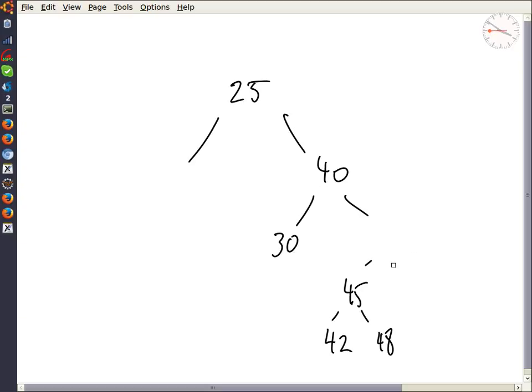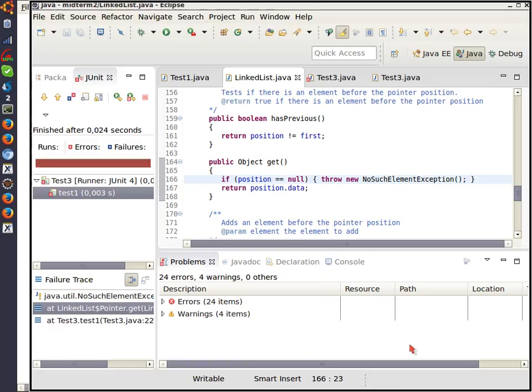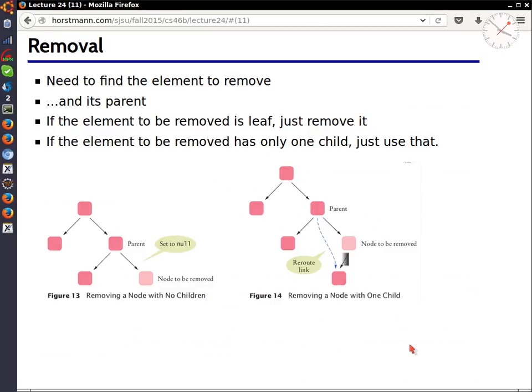Then I would remove the 50 and just go like that. That's the only change I make. So the result is still a binary search tree because all of the stuff here is greater than 40. So that's the one-child situation.